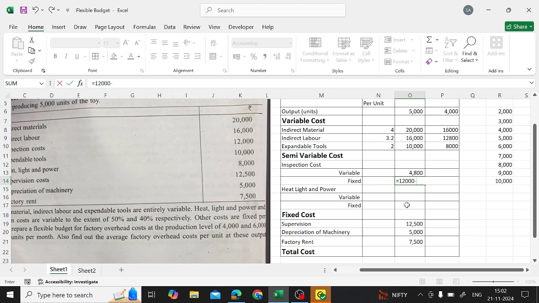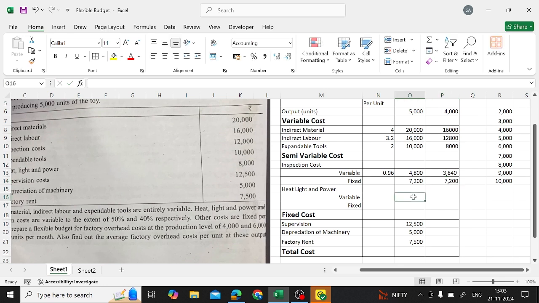So here I will give the cell. Okay. Now again for the variable part, what I will do is I will find out the per unit cost, this divided by this. And for 4,000, I have to multiply the per unit cost with this cell, and the 7,200 will remain fixed.